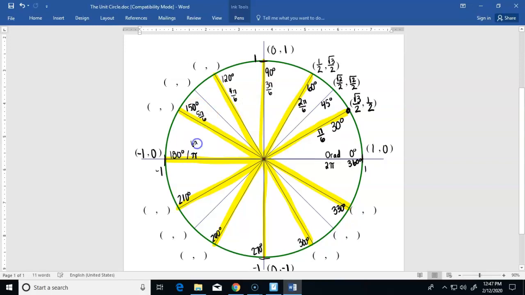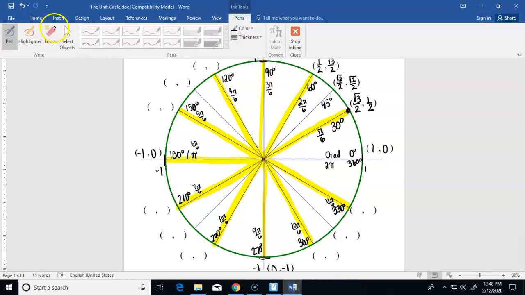I'm going to write it down right here, although it's going to reduce, right? 7 pi over 6, 8 pi over 6, 9 pi over 6, 10 pi over 6, and 11 pi over 6. Now, some of these I don't want to leave like that. Because 2 pi over 6, what can happen to it? 2 over 6 reduces to 1/3, right?